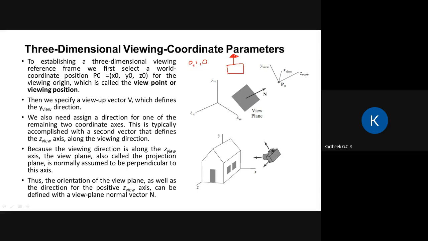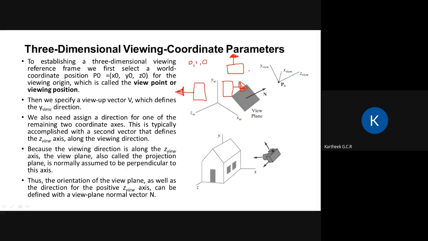If you have 1, 0, 0, then your camera would be looking at the world like this. This will be the up direction. It's like tilting the camera towards the left side, or tilting your head towards your left shoulder, whatever perspective you would get. And minus 1, 0, 0 would be equal to tilting the camera towards the right side.